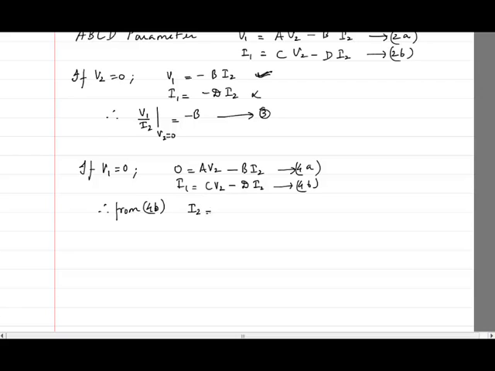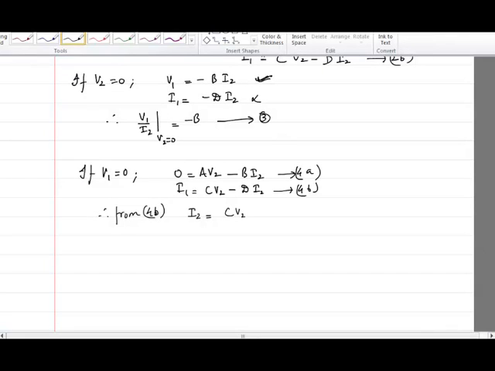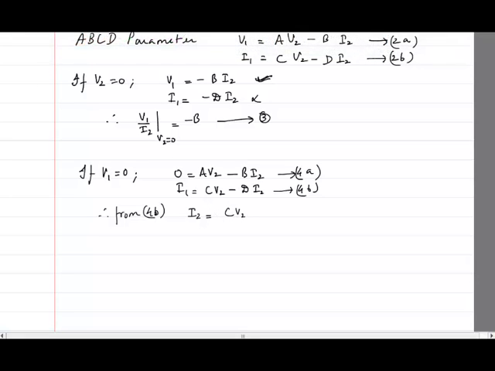I want everything in terms of I1, so I want to avoid I2, correct.